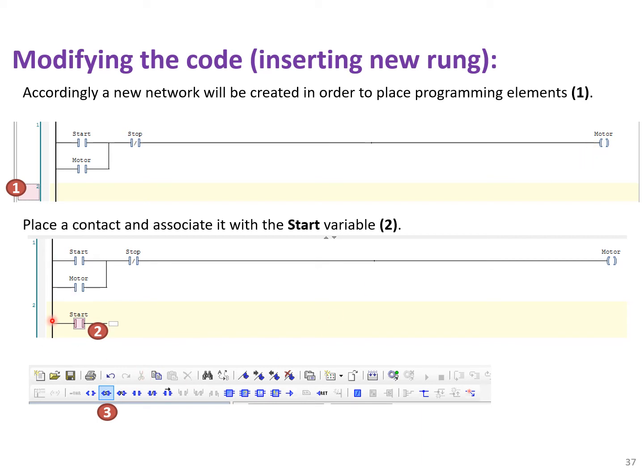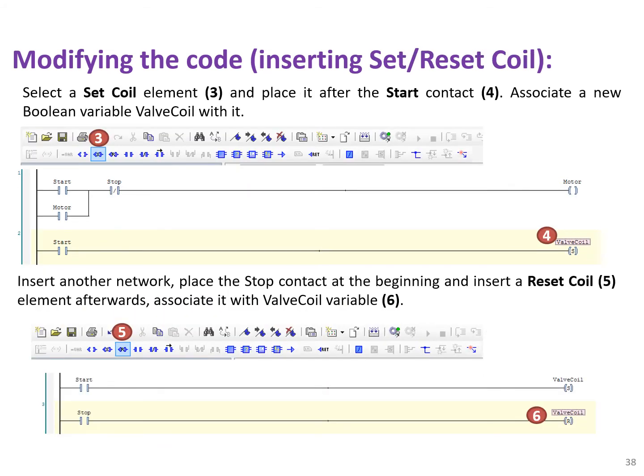Now we are expanding our program, and in the new program we are going to introduce a new coil, a valve coil, and we are going to use set and reset coils.